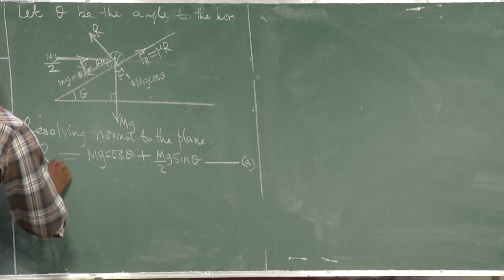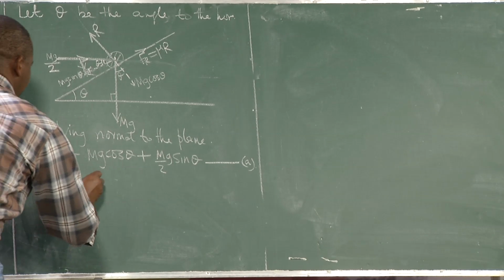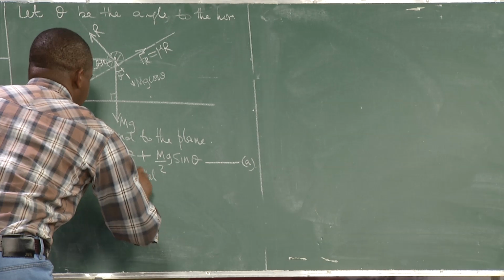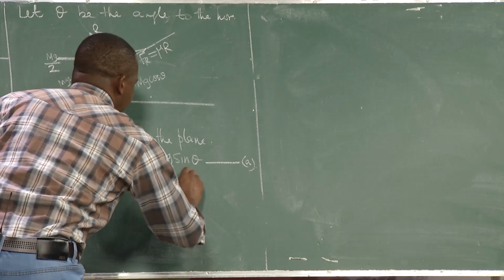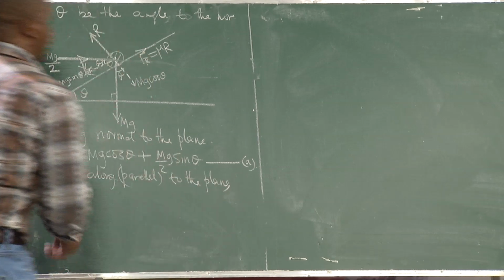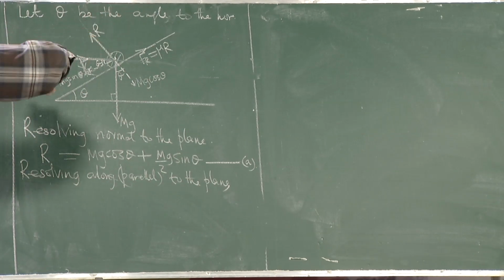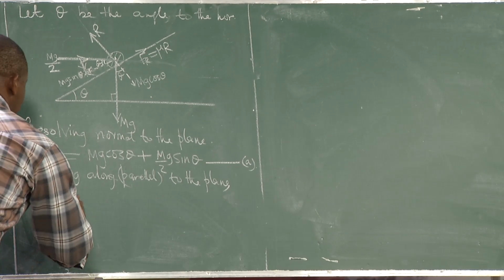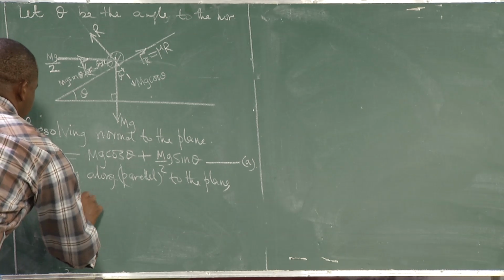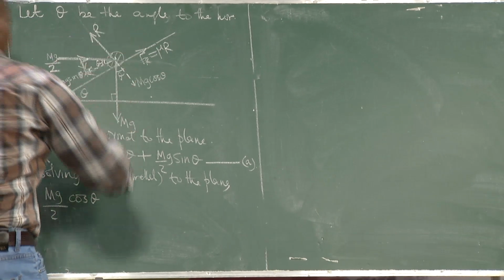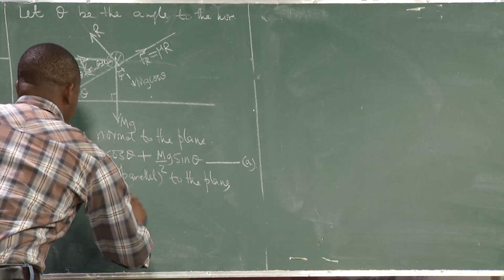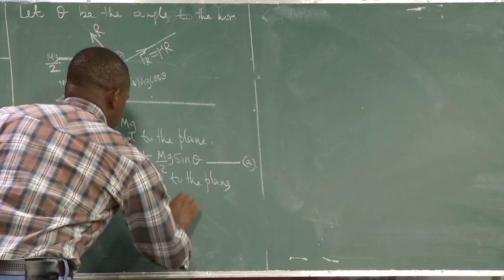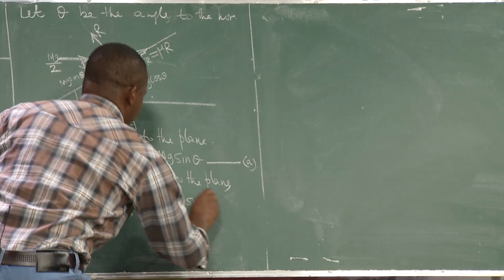And straight away, we resolve along, or parallel to, the plane. If we resolve parallel to the plane, mg over 2 times the cos of theta will be acting in the same direction as the frictional force, and in equilibrium, they will be equivalent to the downward component, which is mg sine theta.